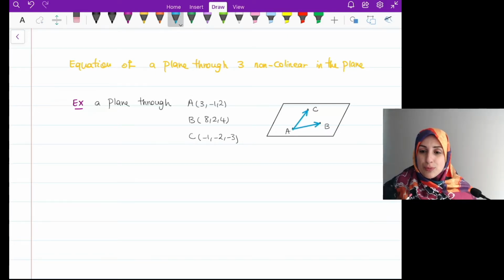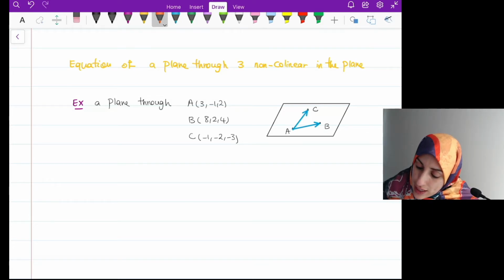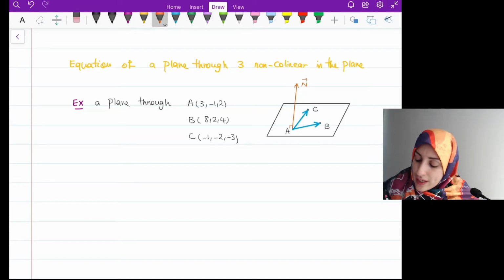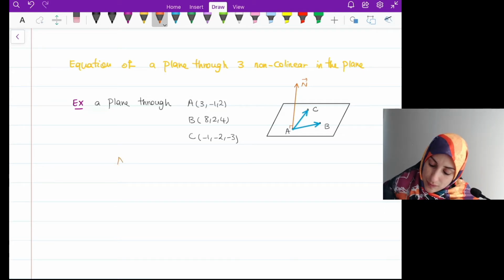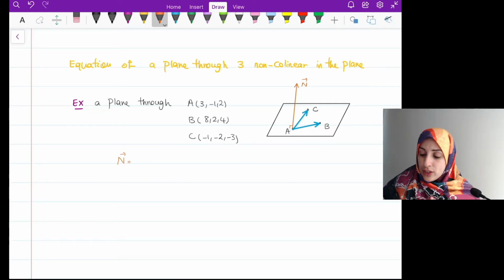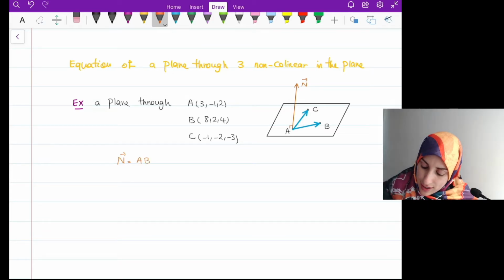I know that the cross product of 2 vectors is a vector that is perpendicular to the plane that passes through them. So the normal vector would be the cross product of these two, AB cross product with AC.